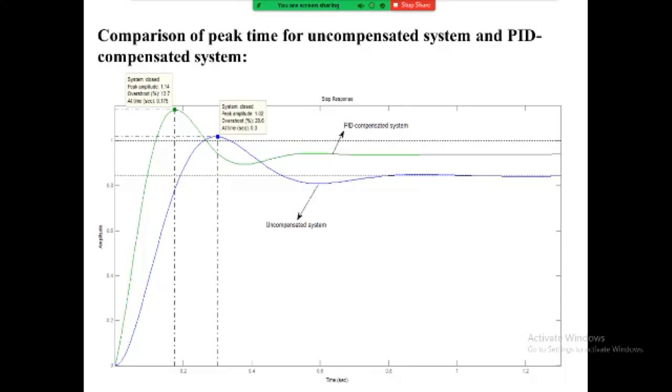The comparison of the step response of the uncompensated system and the PD compensator system is shown here. See this diagram.